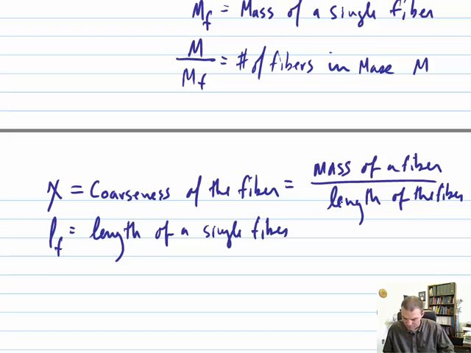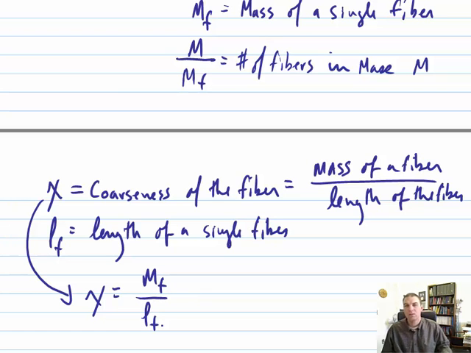So this is the mass of a fiber divided by the length of that fiber, where L sub f is the length of a fiber. We could rewrite X as m sub f over L sub f. In reality, this is relatively straightforward to determine, a little time intensive, but not that time intensive.